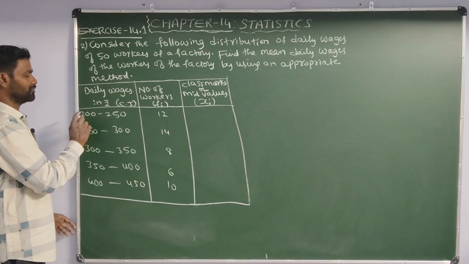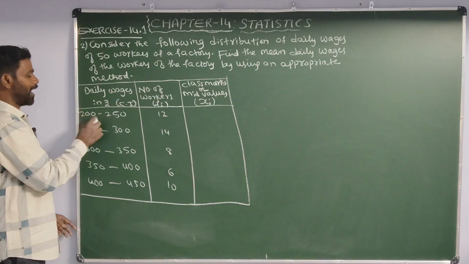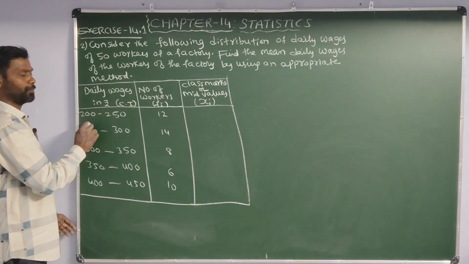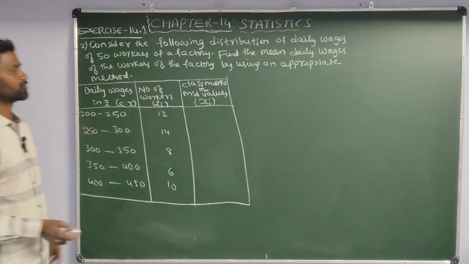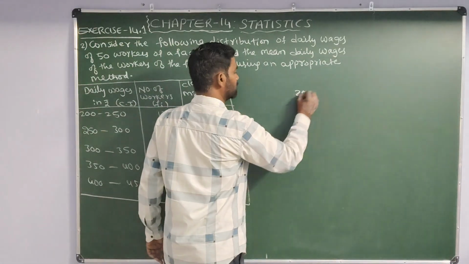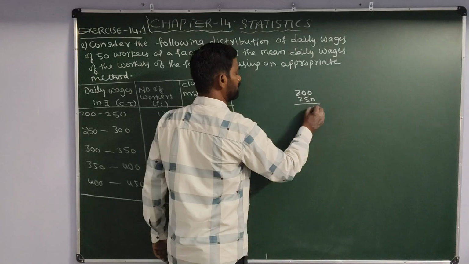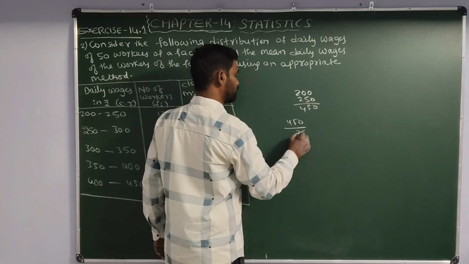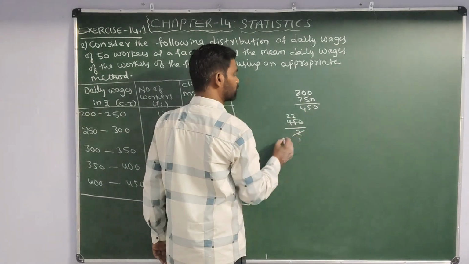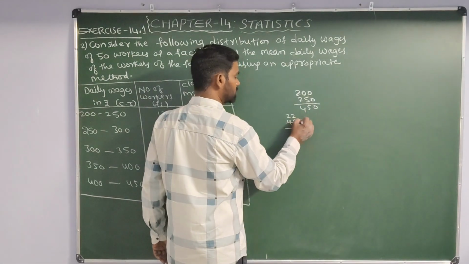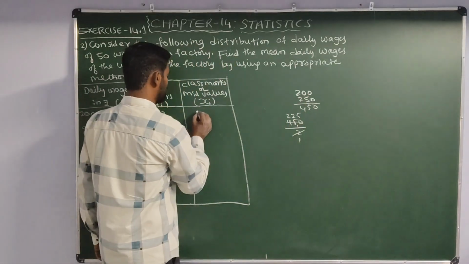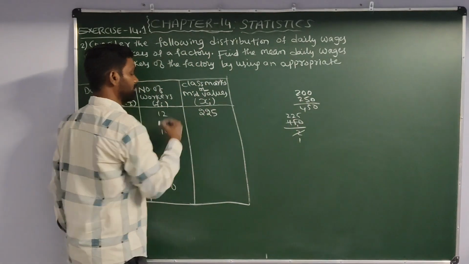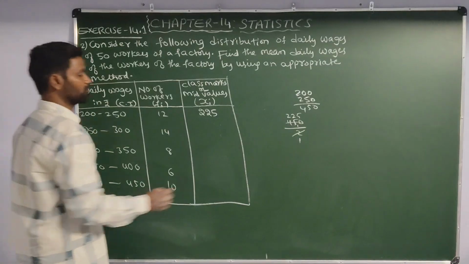How to find them? Add the lower limit and upper limit and divide by 2. 200 plus 250 is 450. 450 divided by 2 is 225.